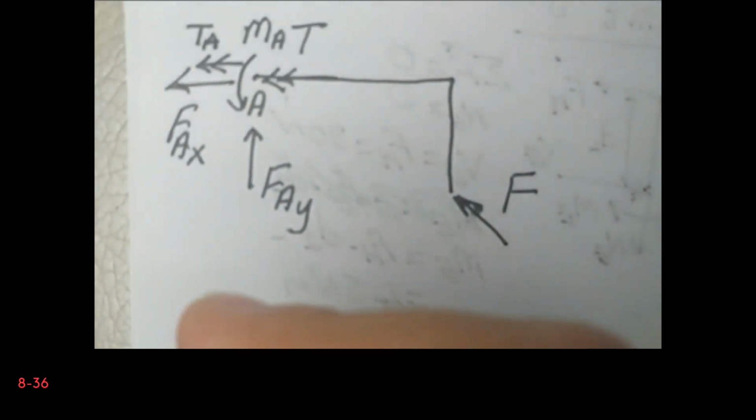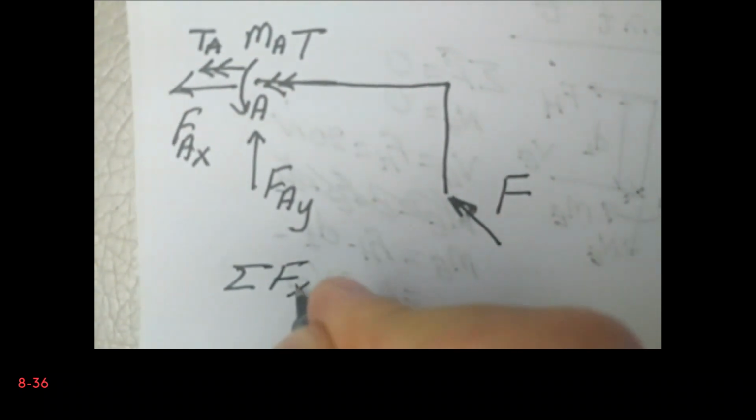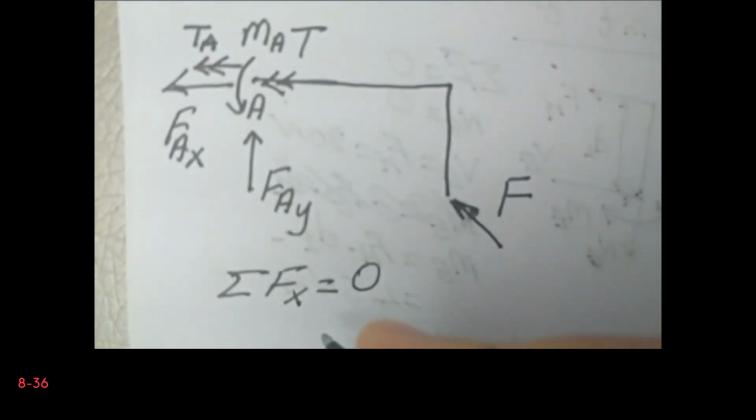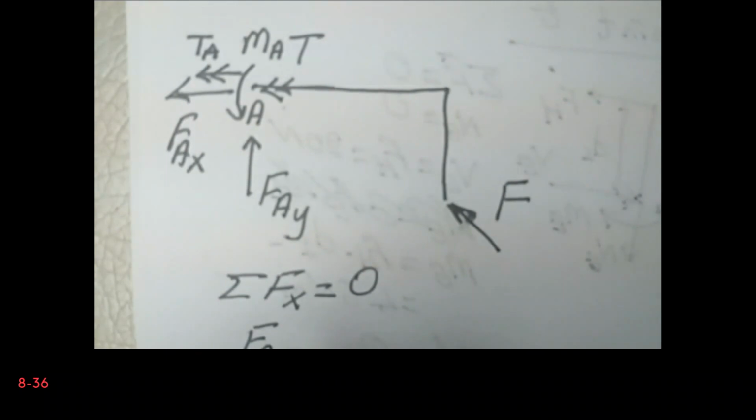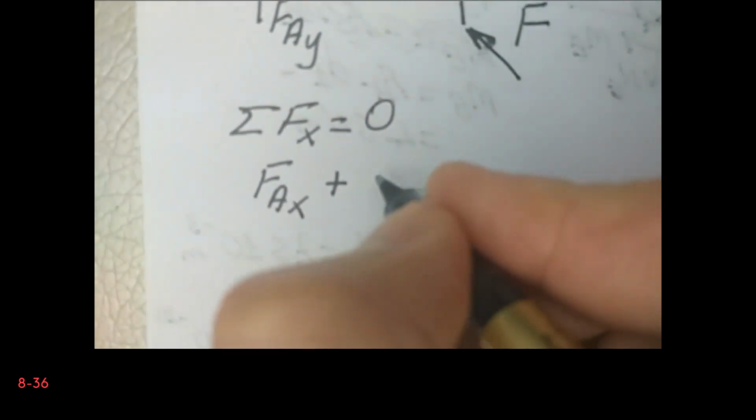Okay, now let's write the sum of the forces. In fact, we don't have any forces in Z direction. Sum of the forces in X direction is equal to 0. So this is FAX plus four over 5 F, and that has to be equal to 0.